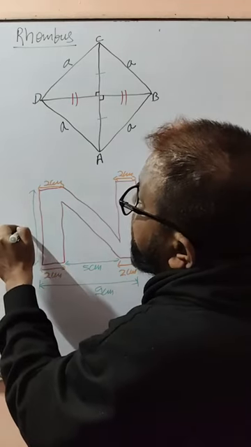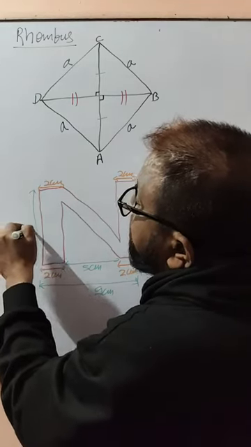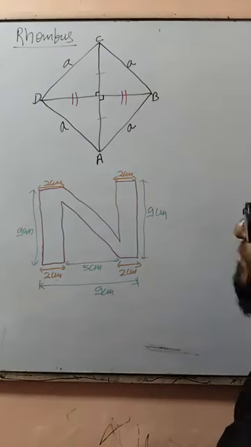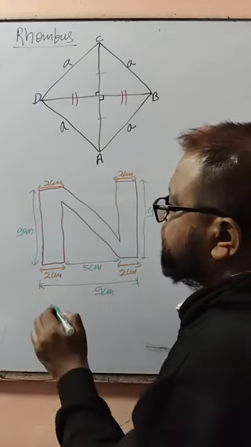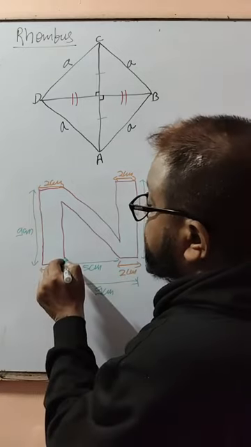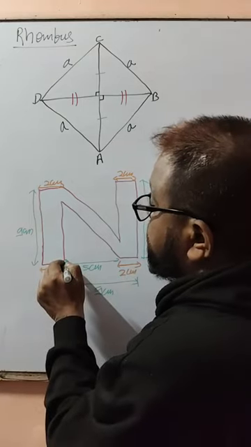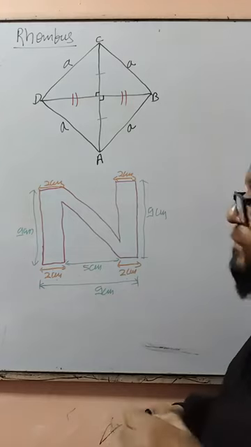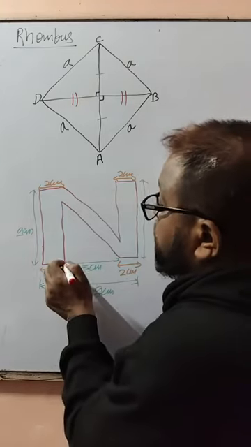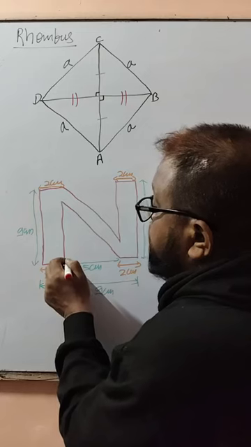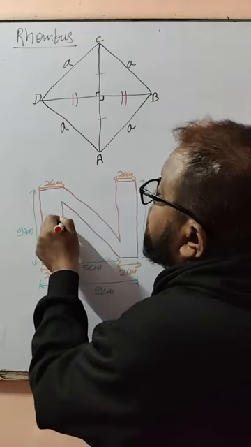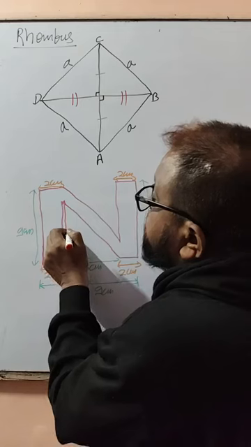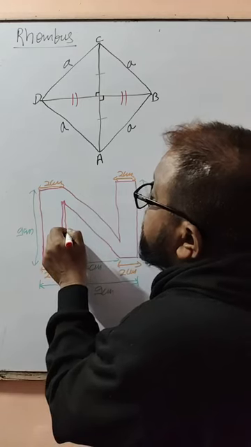Accepted. Now what? This much? 6 centimeter. What is 6? Inner line of N. Yes. From this side to this side, it is 6.